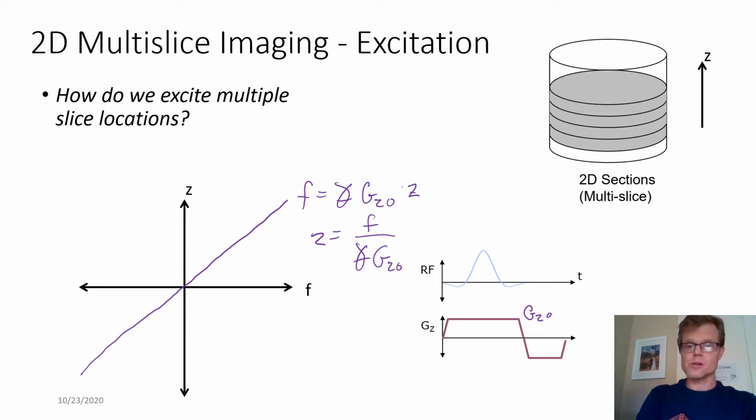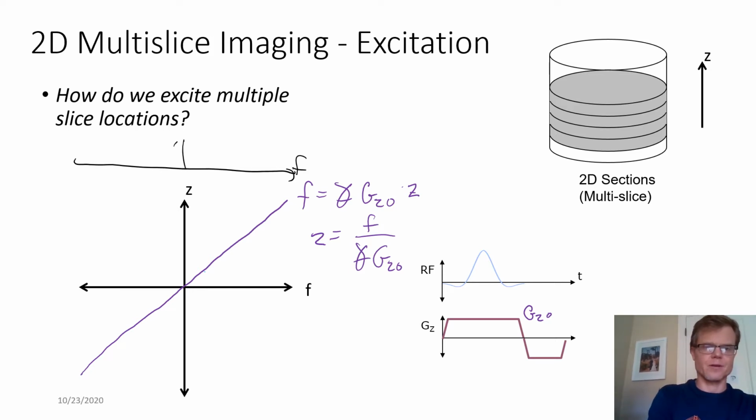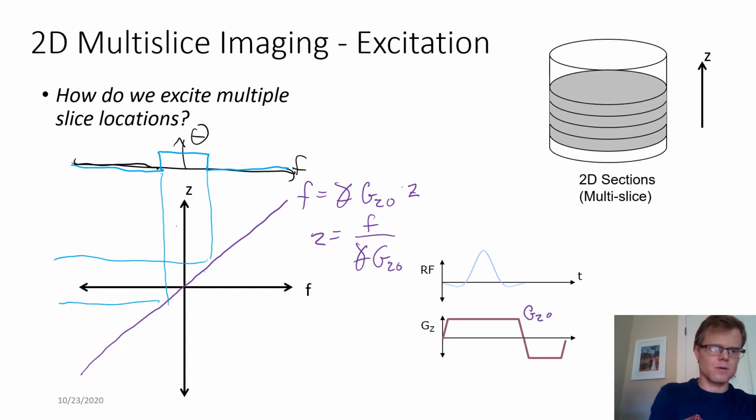And so our nominal RF pulse here is going to excite a slice. If we add our frequency axis and our flip angle here, our RF pulse, with its distinct shape, will excite just a region in frequency, which maps over here to a single slice.